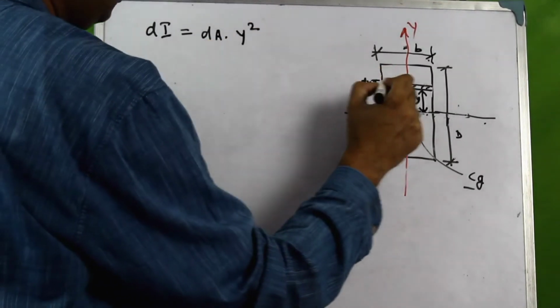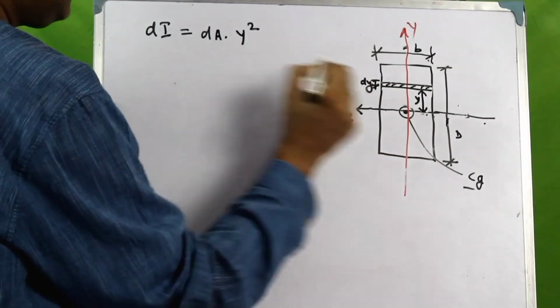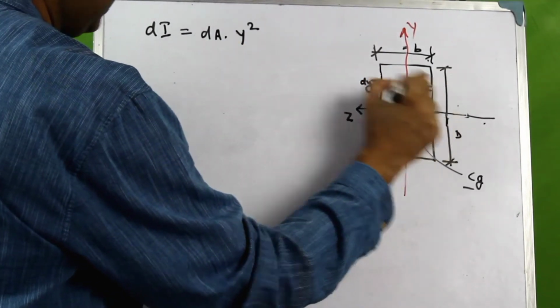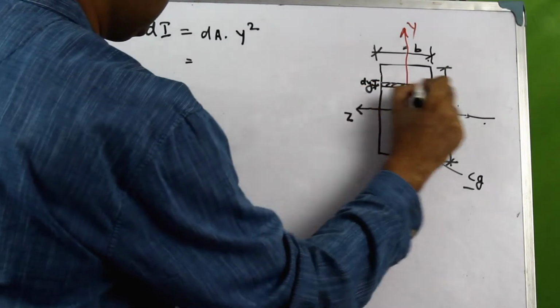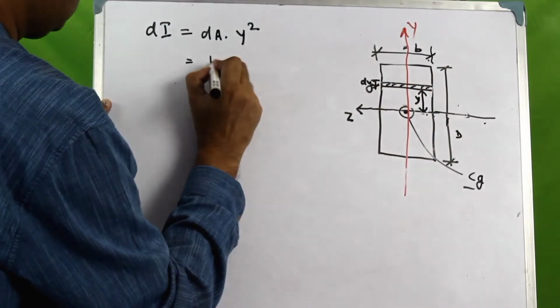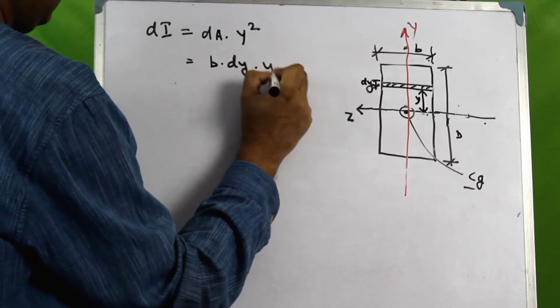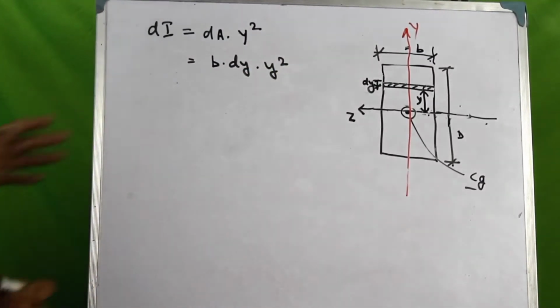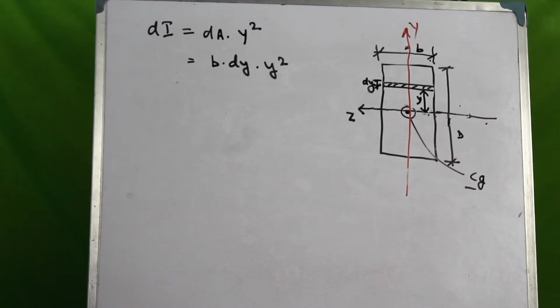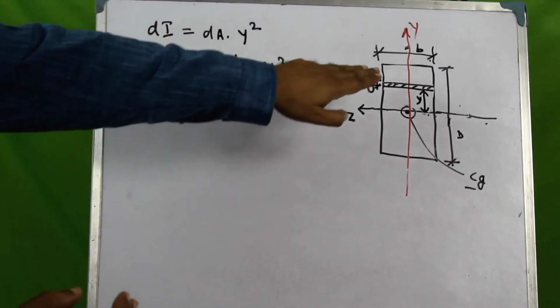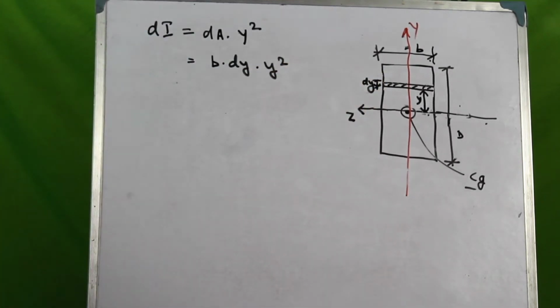Now how do you calculate the value of dA? This is a rectangle, the width is b, depth is dy, so it would be b into dy into y square. So this is the moment of inertia of this elemental strip about the z-axis.